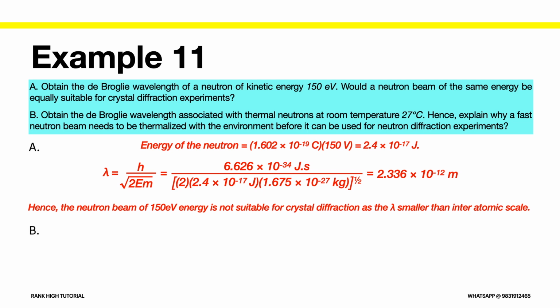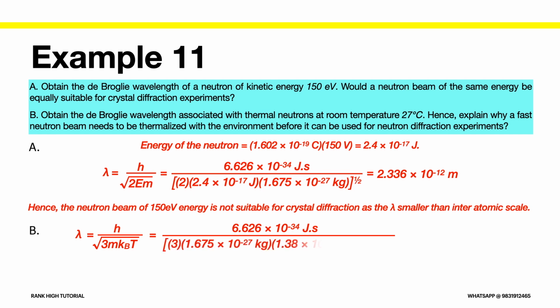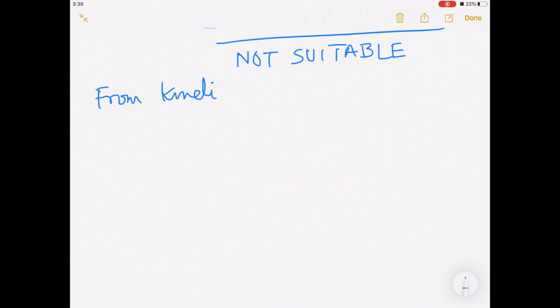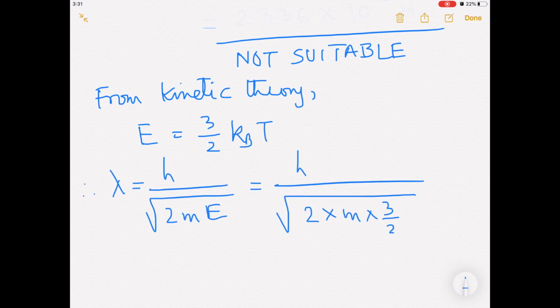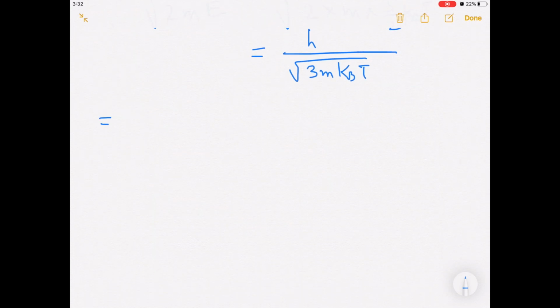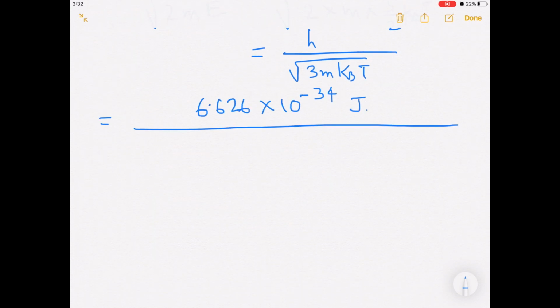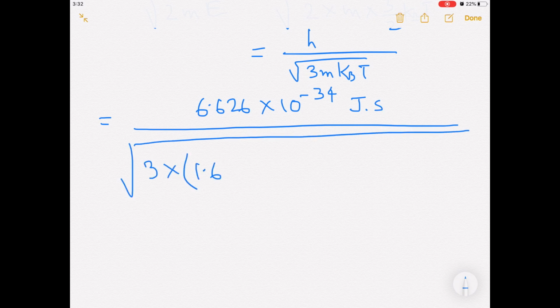In part B, we will calculate the wavelength of the thermally equilibrated neutron from the equation lambda equals h by square root of 3m kBT. Now put the values. In the numerator, 6.626 × 10^-34 divided by square root of 3 × 1.675 × 10^-27 × 1.38 × 10^-23 × 300.